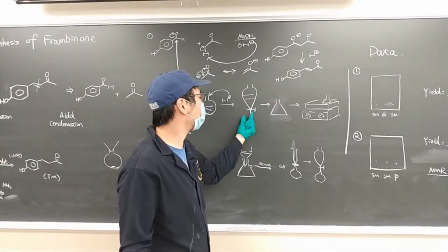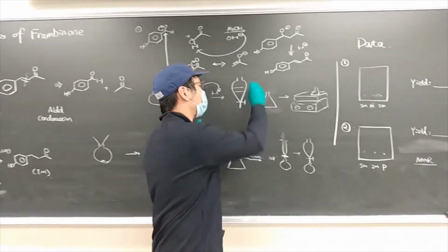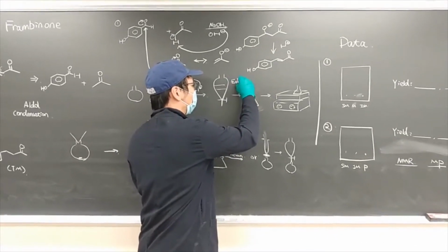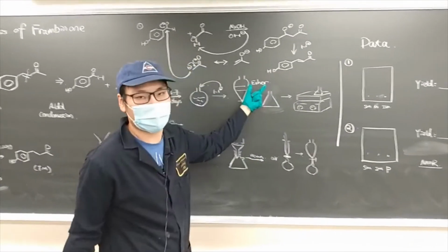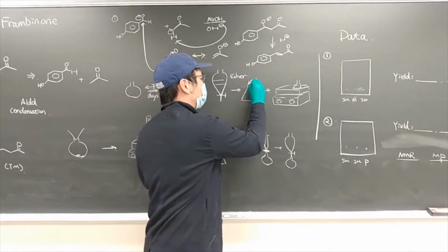Then we will combine all the organic phase into another flask. And remember here, we will use ether to do the extraction. Ether easily absorbs water, so we will need to dry it, adding some drying agent.